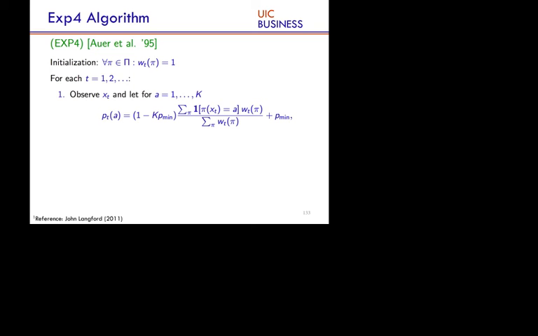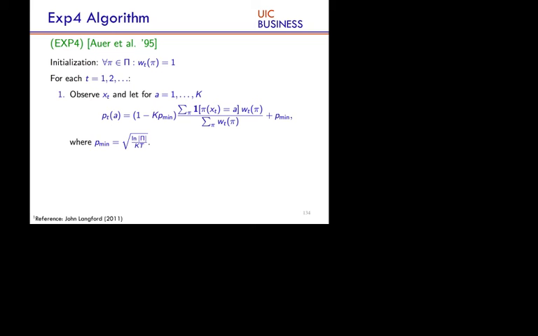This additional p_min term is again reminiscent of EXP3, so I will ignore that. It's basically something to do with explore-exploit. It is an exact expression, but we don't care about that. So what I'm saying is, in this step we got a context and we are creating a distribution over actions given weights over policies.